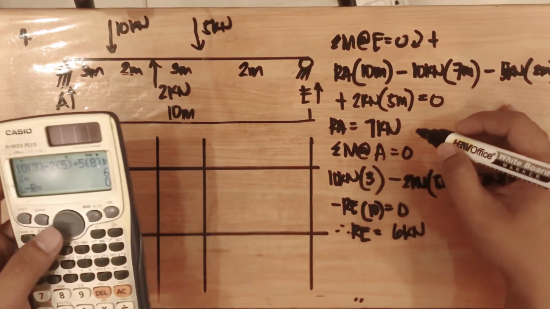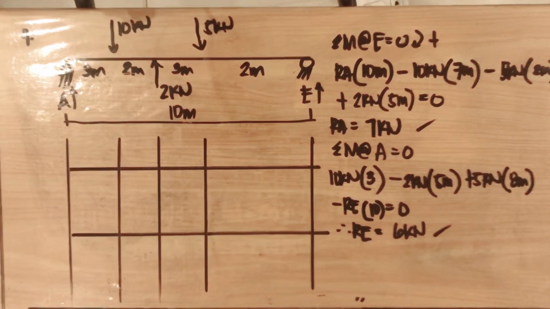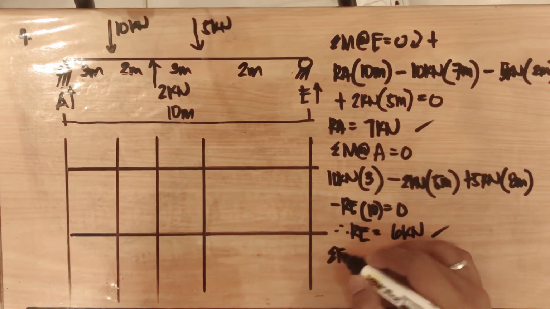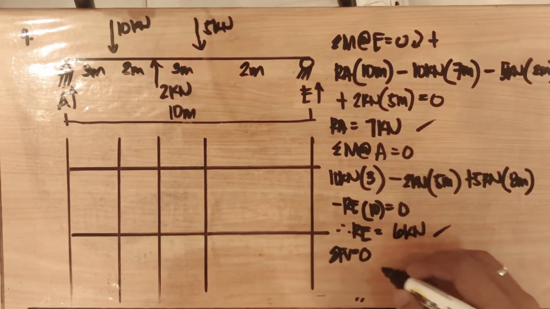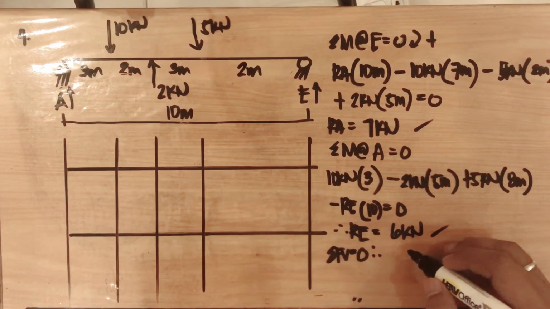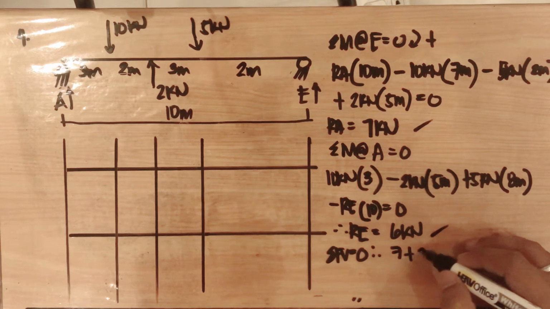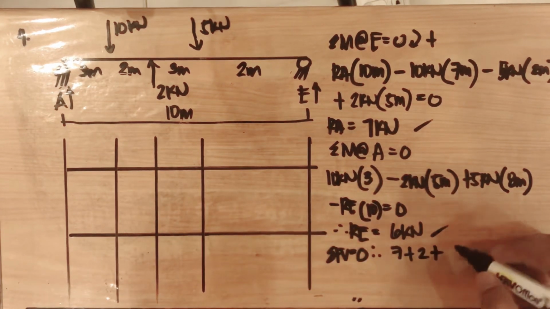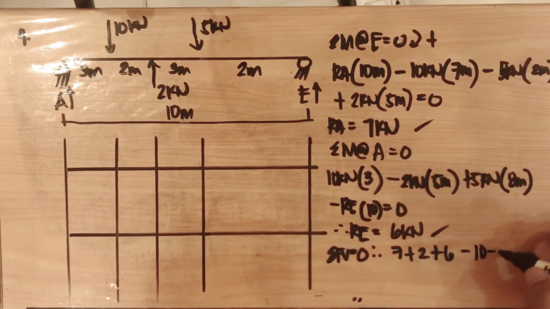So check natin if tama yung value natin for RA and RE. To check, summation of forces vertical equivalent to 0. So RA natin is 7 kilonewton plus 2 kilonewton, lahat muna upward, plus RE, which is 6, minus 10, minus 5.